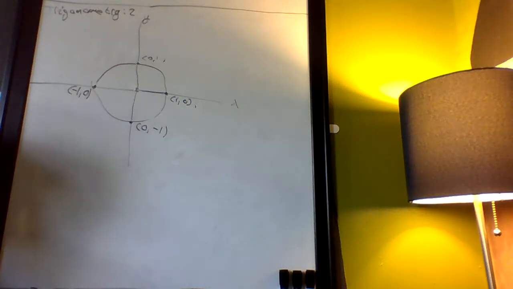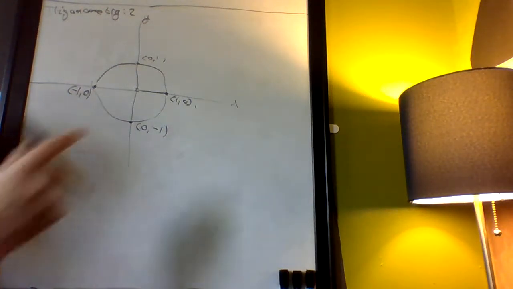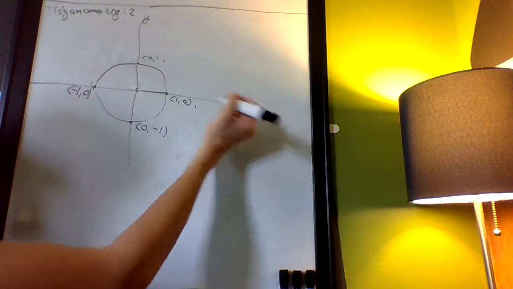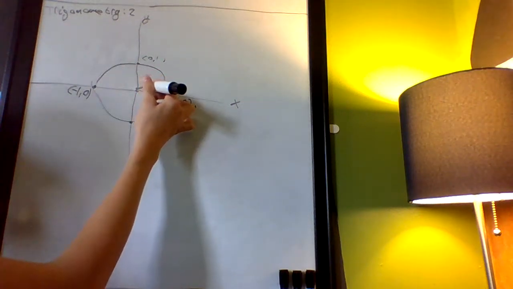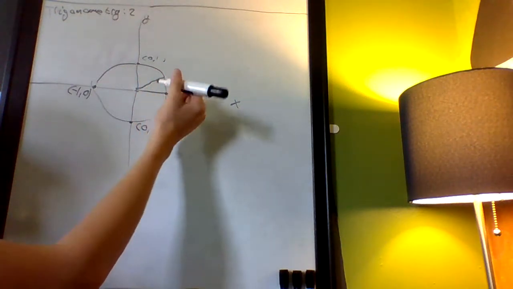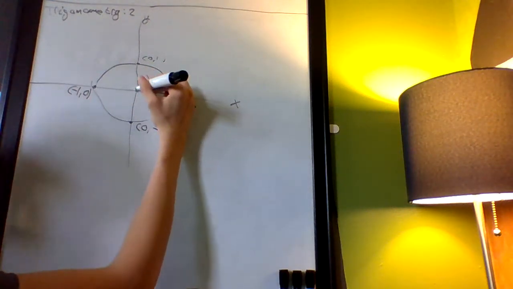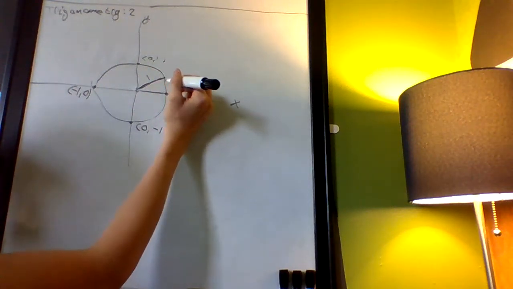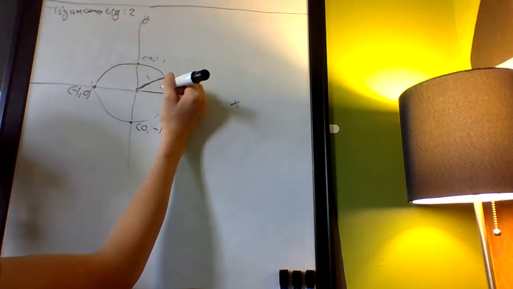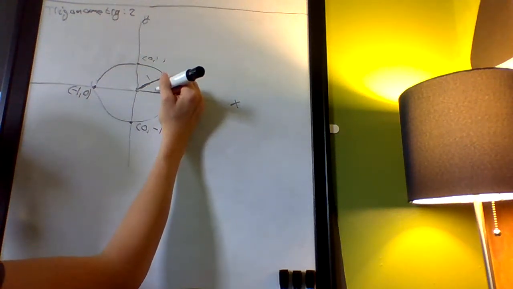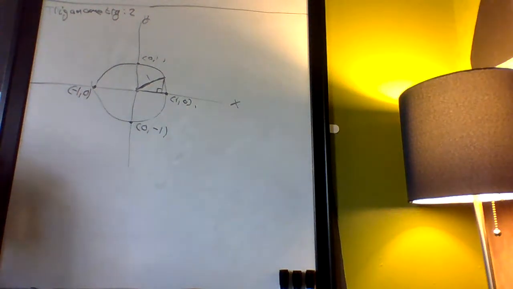So now, what are some other properties of the circle? Well, if I create a distance right here, this hypotenuse, this distance from the origin is always going to be 1, right? But look at that. It's a right angle triangle with a hypotenuse of 1.